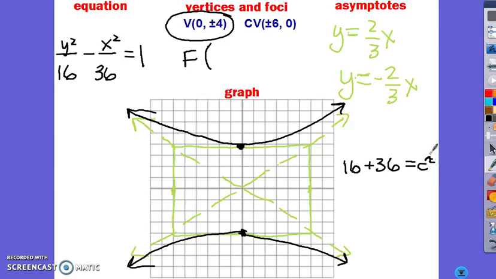Alright, 16 plus 36 and the square root of 52, 7.2-ish. Oh wow, okay, so 4, 5, 6, 7, those are way up there. Are you thinking? I'm thinking that when we move those foci away, did you notice how wide this hyperbola was? So as we move the foci farther away, I think it's wider.